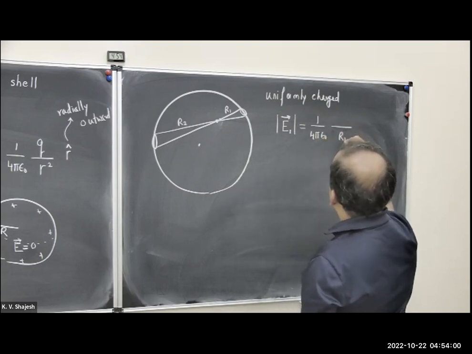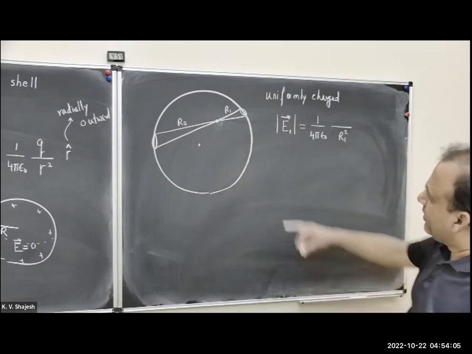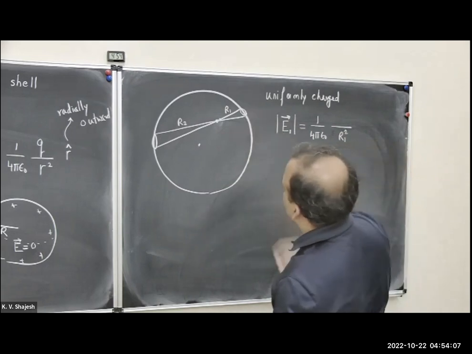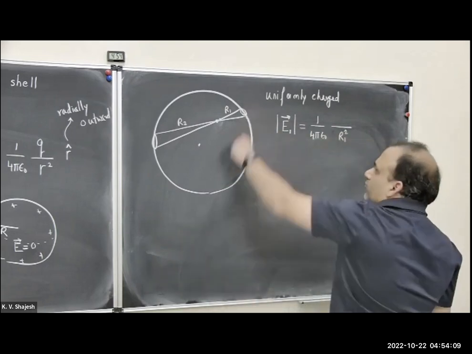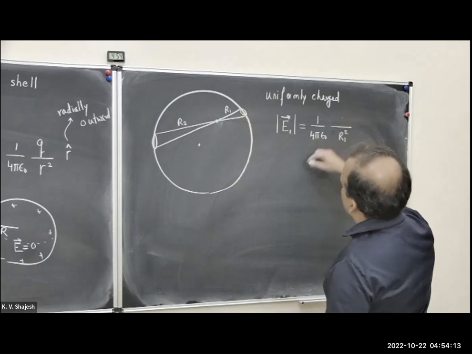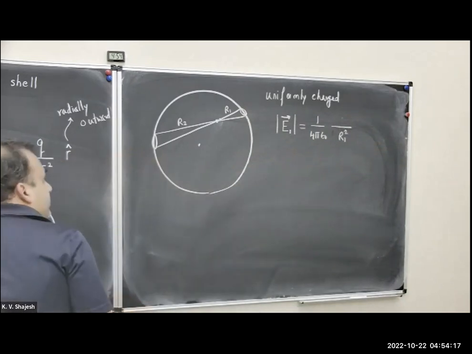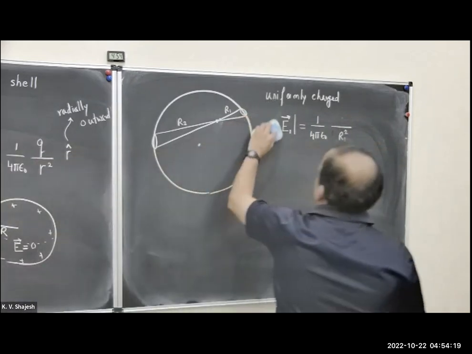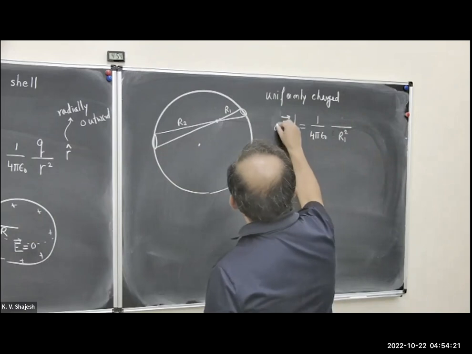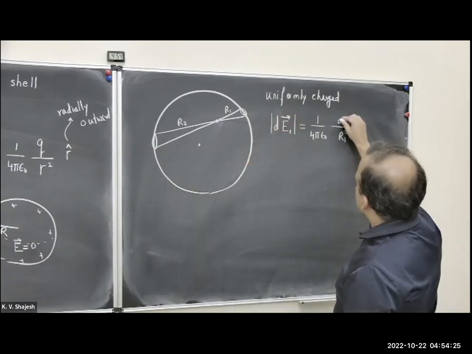That's the electric field at that point from the right part of that cone. Maybe I should say this is dE1, a tiny electric field.